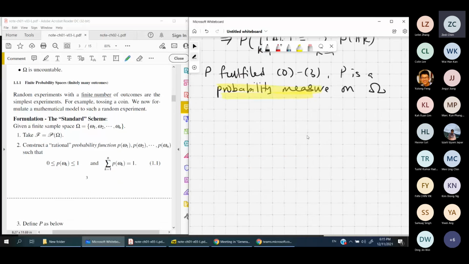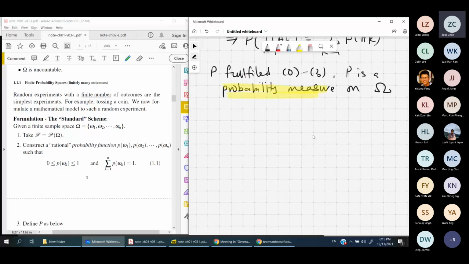Maybe I will combine the first two cases into one formulation. So we have two types of it. First, our omega could be discrete, or non-discrete, uncountable.